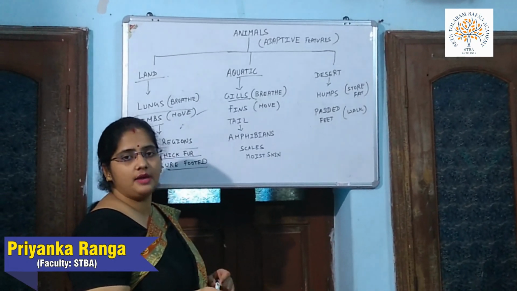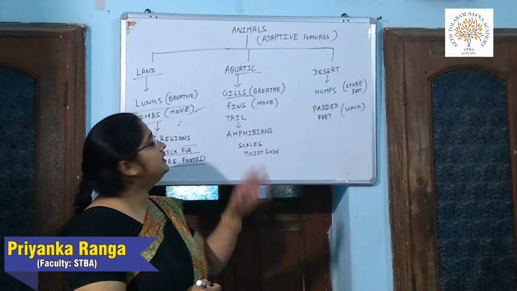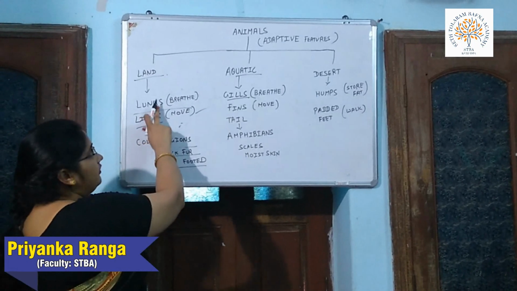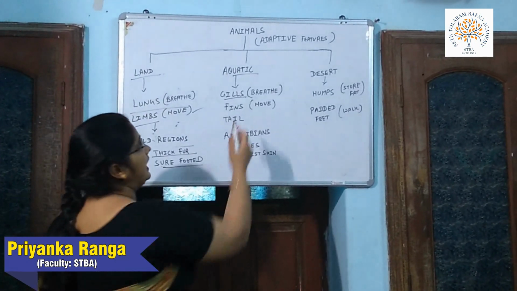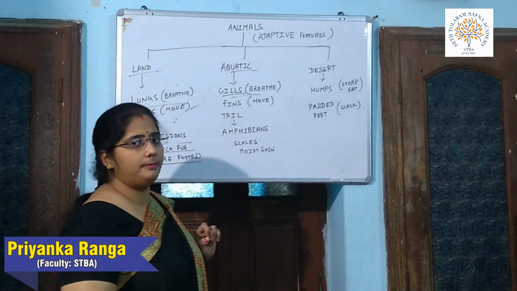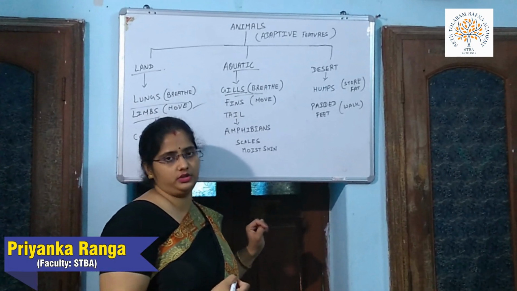Examples, the fish, crab, etc. How do they survive in the water? When we talk about them, they have gills to breathe. This means that when land animals have lungs for breathing, the aquatic animals have specially designed gills used for the breathing process, so that they can use the dissolved oxygen of the water.